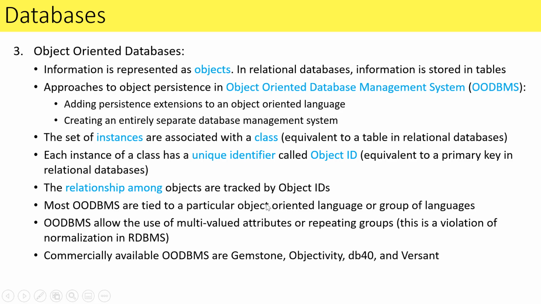Now, a third type of database management systems that we can use, or data models, is called object-oriented databases. This kind of database is purely object-oriented, and it is actually connected to the language that we use.